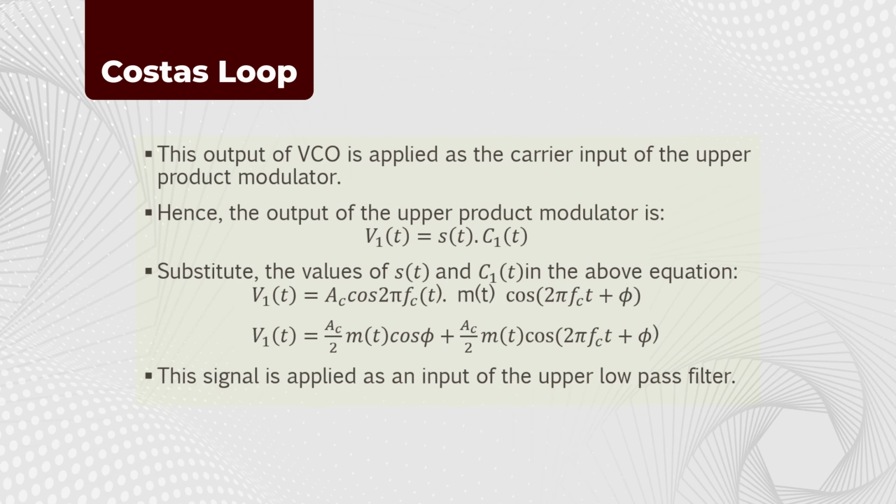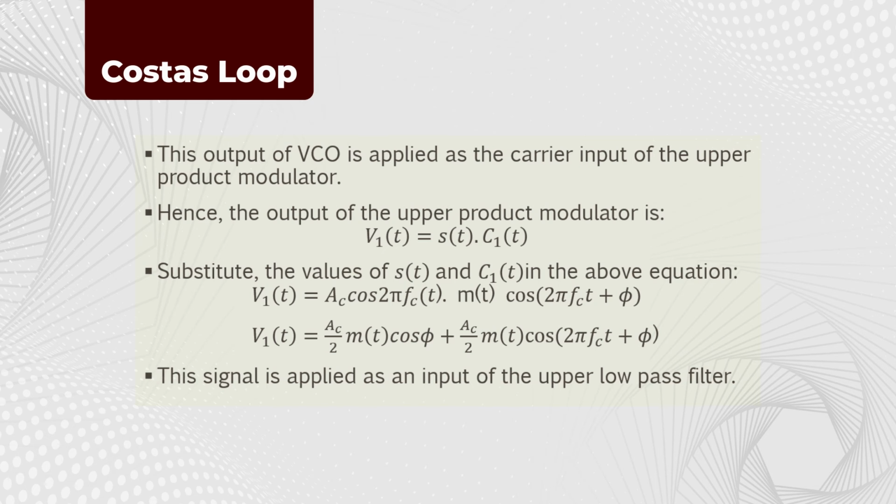This output of the VCO is applied as the carrier input of the upper product modulator. Hence, the output of the upper product modulator is given by v1(t), which is equal to s(t) times c1(t).